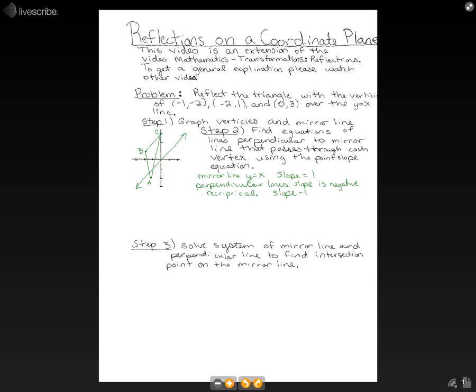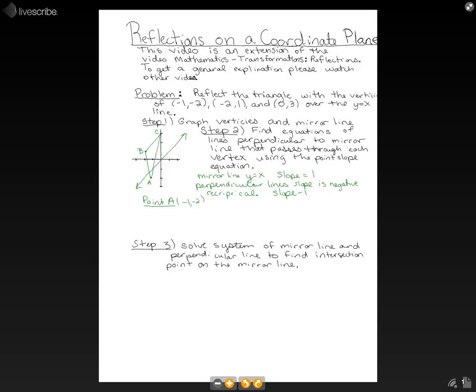So now that we know that, we can use point slope form in order to find our equations. So if we're looking at point A, we have our coordinate (-1, -2).